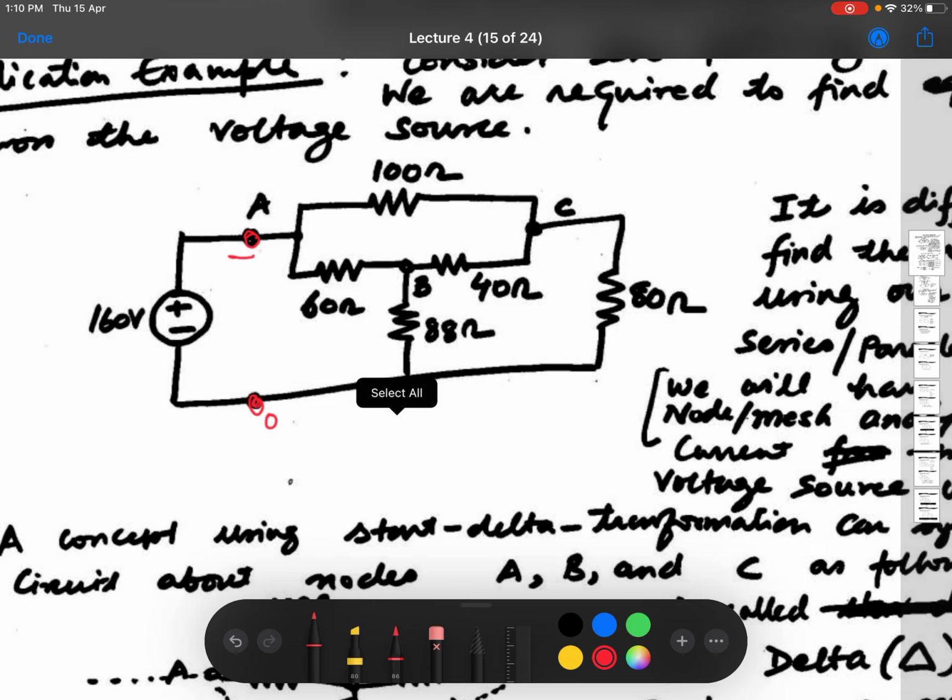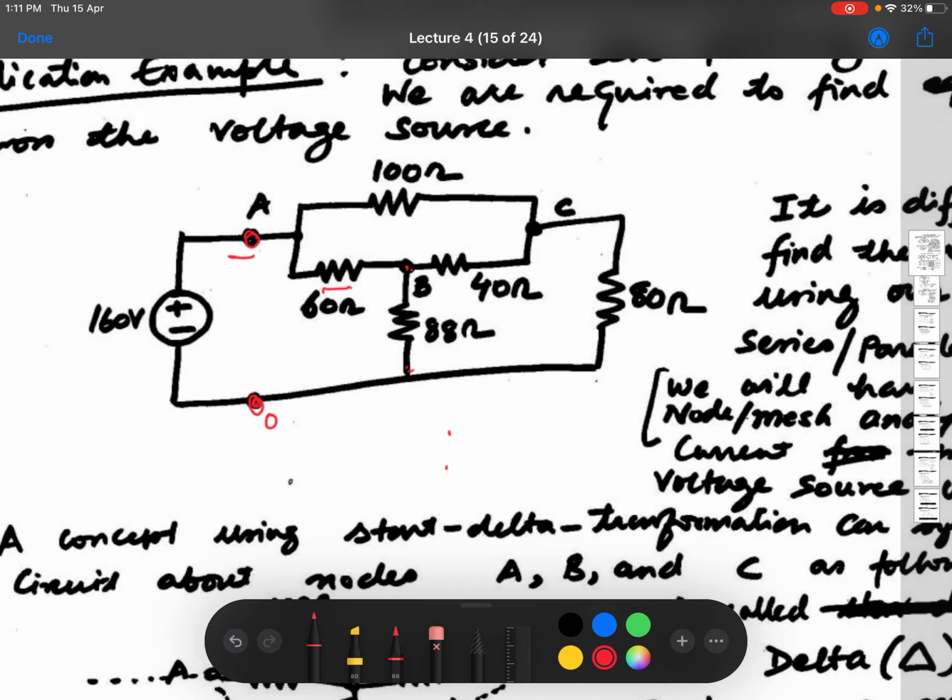If I want to calculate the resistance by using some combination of series and parallel combinations, then it becomes difficult. If you see from A to B, the 6 ohm and 88 ohm are in series, coming one after another, but then the 40 ohm comes in between.